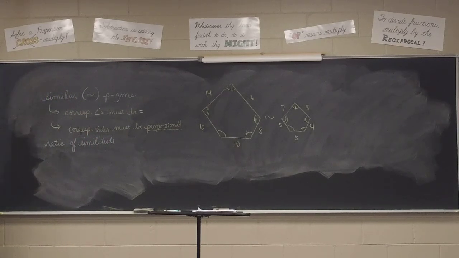This is the ratio between any two corresponding sides of similar polygons. It's called the ratio of similitude.